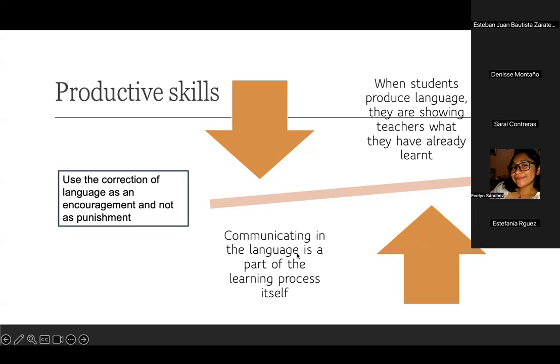And also, the other part that you need to consider is communicating in the language is a part of the learning process itself. What does that mean? When you are approaching the productive skills way, you are going to allow your students to make errors.